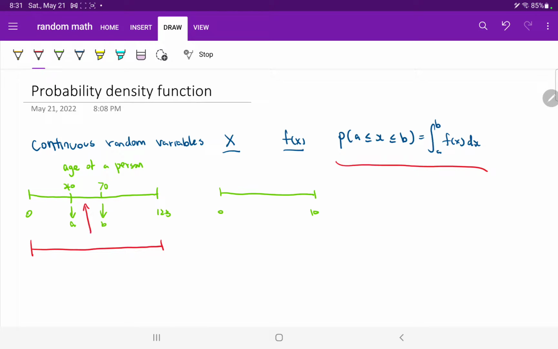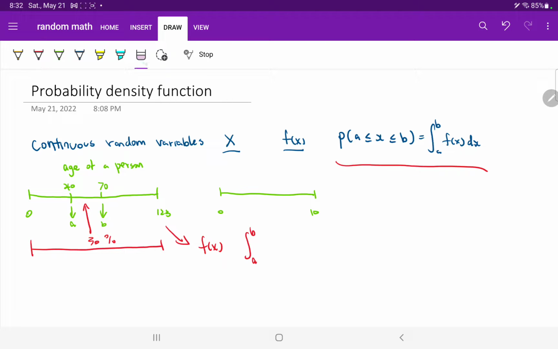Let's say that probability is 30%. Then if the age of a person is a continuous random variable with a probability density function of f of x, then we integrate from a to b.